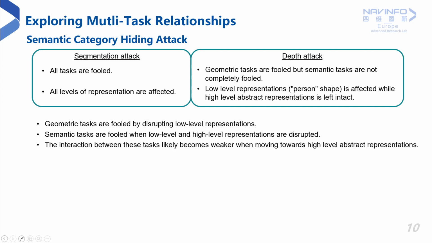We infer that geometric attacks mainly disrupt low level representations, as abstract information might not be relevant for these tasks. In low level representations, both kinds of attacks are effective, and tasks interact strongly. As we move towards higher layers, the interaction becomes weaker, as semantic tasks are still able to classify persons based on high level representations.